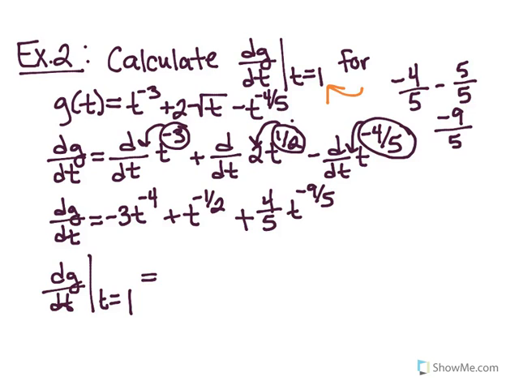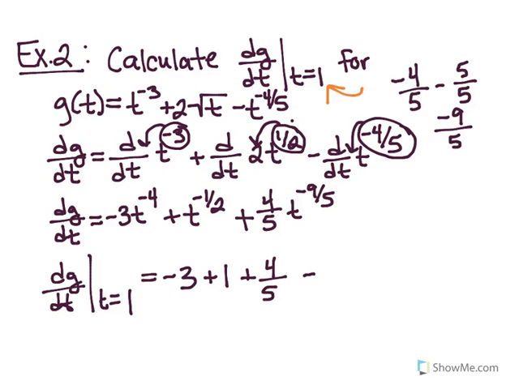So t to the -4, 1 to the -4 is 1. 1 times -3 is -3. t to the -1/2, 1 to the -1/2, is 1. t to the -9/5 is still going to be 1. 1 times 4/5 is 4/5.